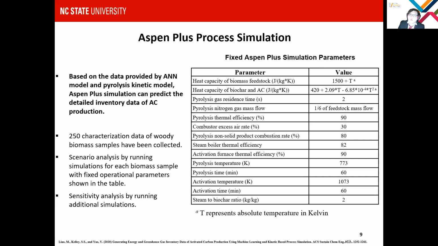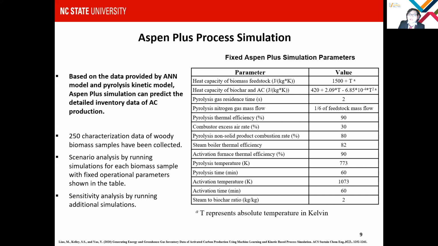To do this, we first collect the characterization of different woody biomass from literature and some databases, and we use our model to simulate each of them with the assumed operational conditions and do the analysis based on the simulation data.